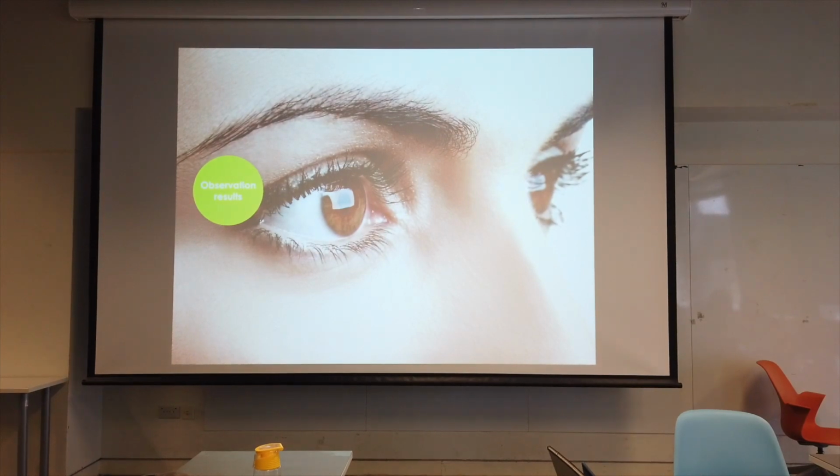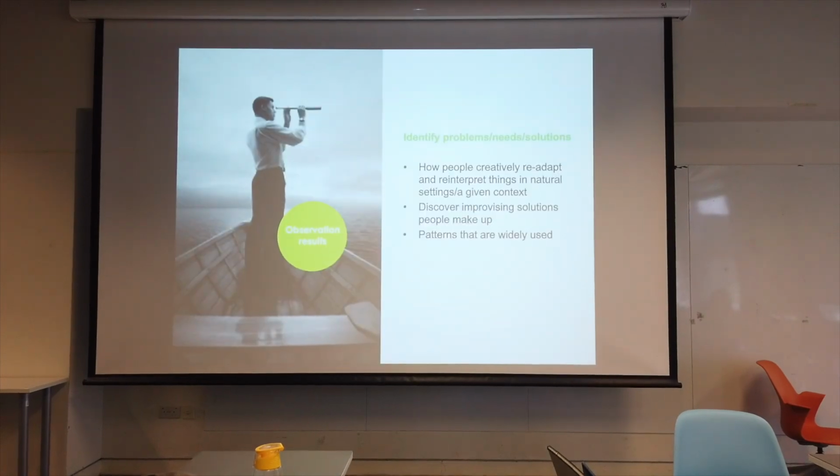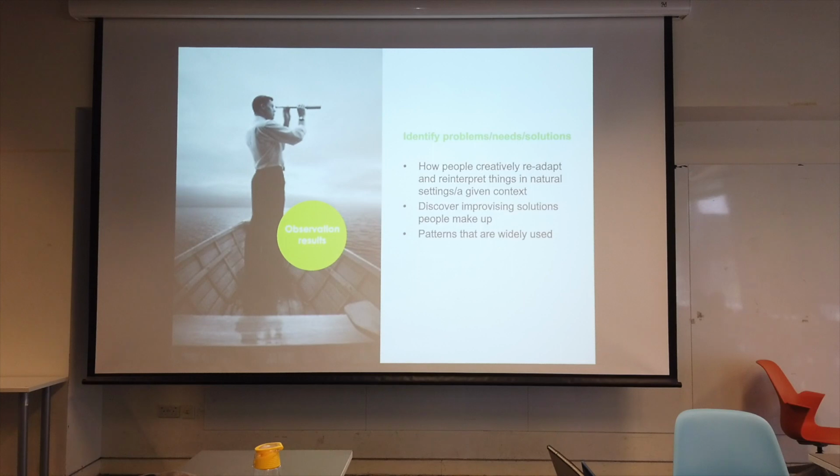So what's the ultimate result of doing observations? So probably we have mentioned it before. The ultimate goal, of course, is to identify problems. So for example, if you are told to do a revision of an iPhone, or sports shoes, the design is already there, but you want to improve it.